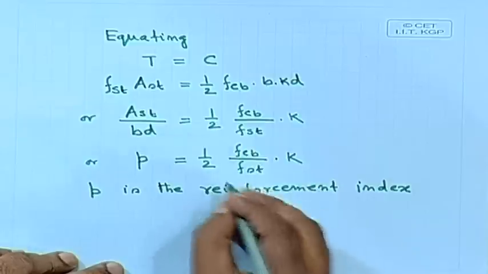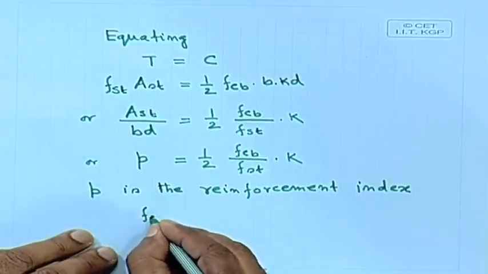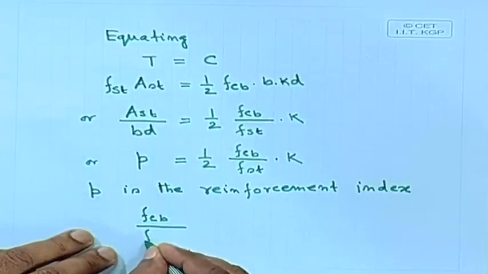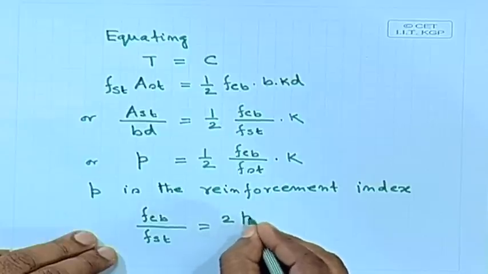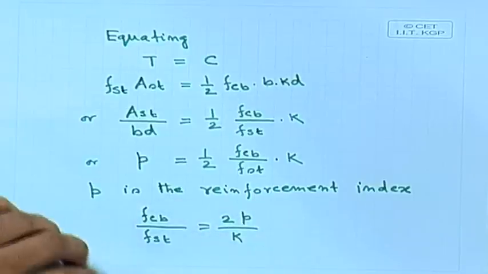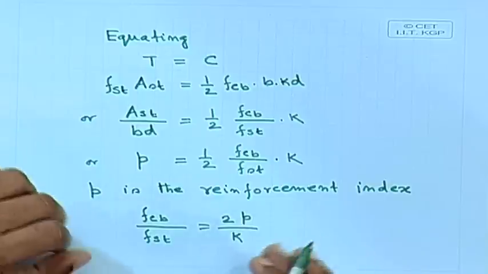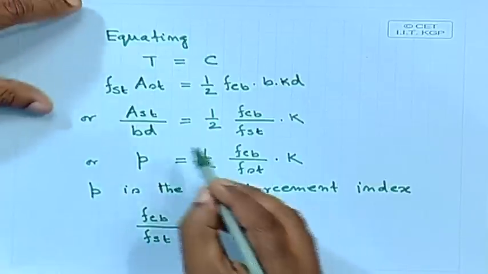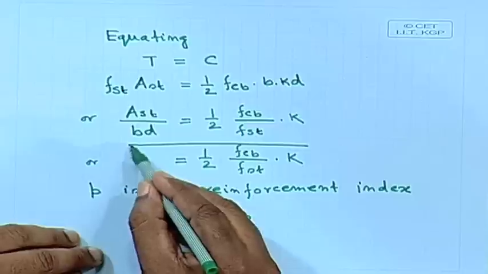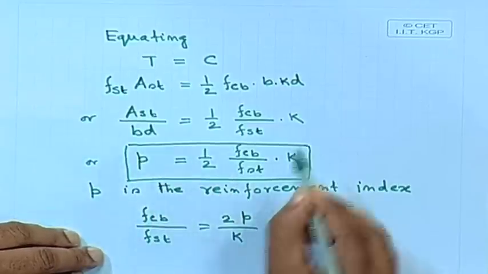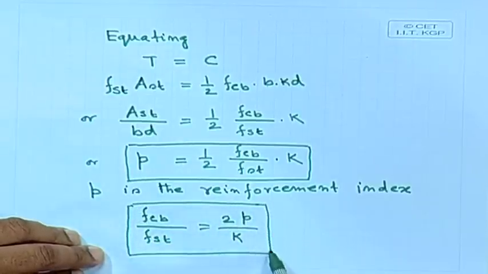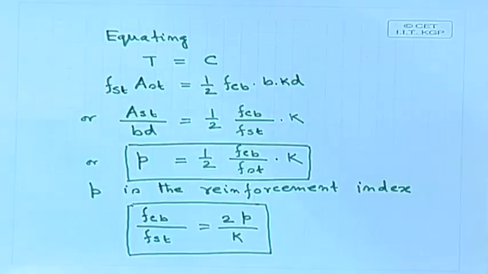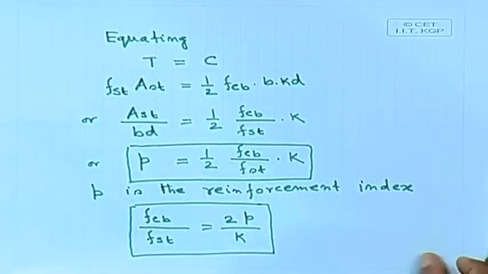Also we can get it here from this equation, F_cb by F_st will be equal to 2p by k. We can also rearrange the equation the other way. Because we need those things.